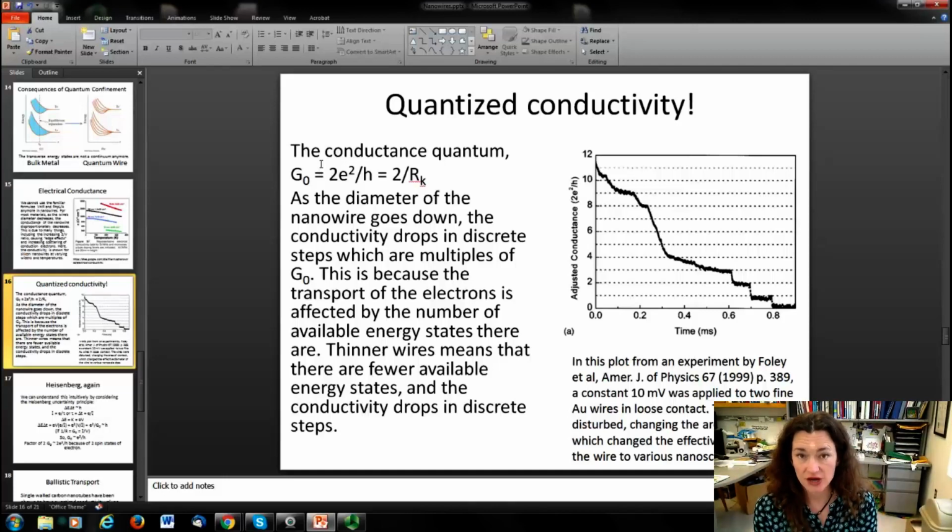Remember, it goes back to that idea of the quantized energy states. Thinner wires means there are fewer available energy states, and what that means is the conductivity is going to drop in discrete steps as your wire gets thinner. So conductance is discretized, which is really pretty interesting.